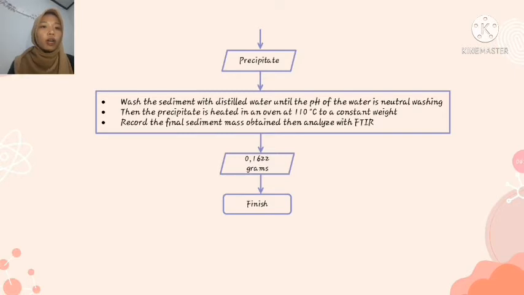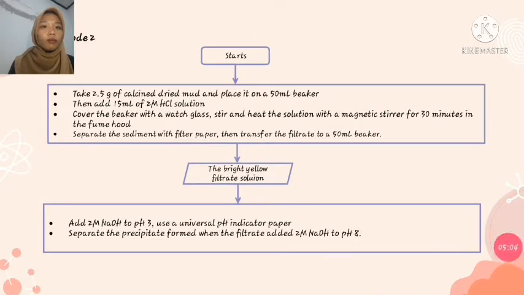Stir and heat the solution with a magnetic stirrer for 30 minutes in the fume hood, and then separate the sediment with the filter paper.